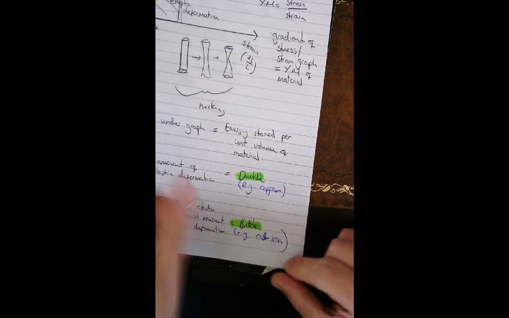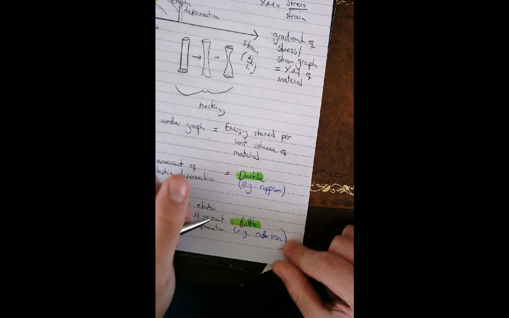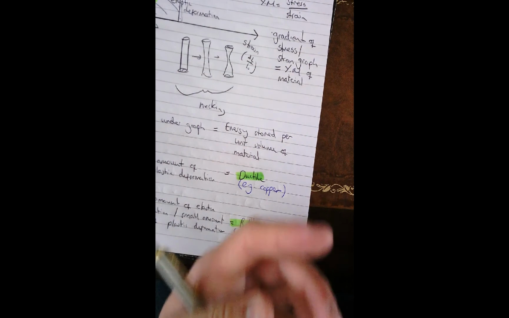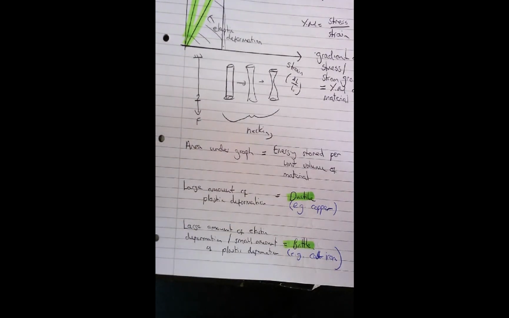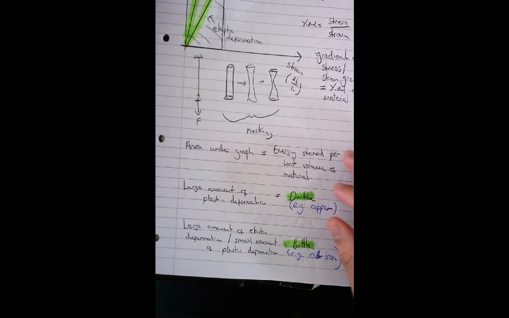Another example, steel is less brittle than cast iron. By adding carbon to cast iron, you can get steel, and that generally provides a more useful material because it doesn't have this very small period of plastic deformation.